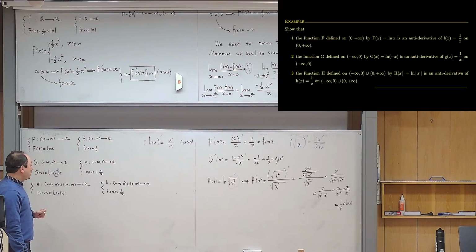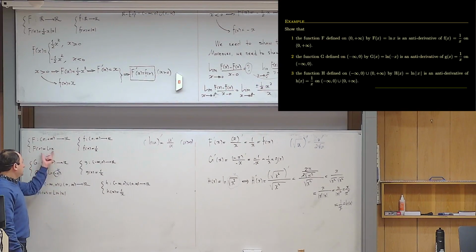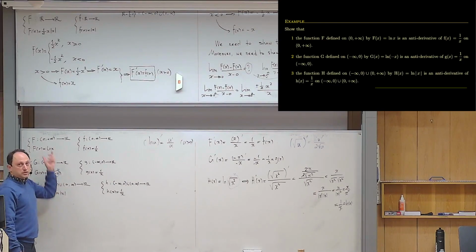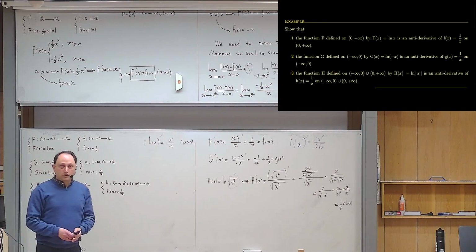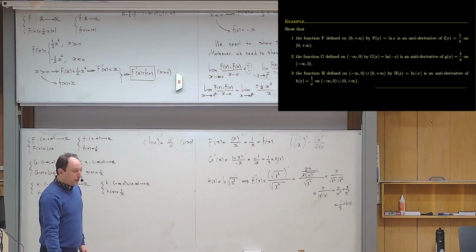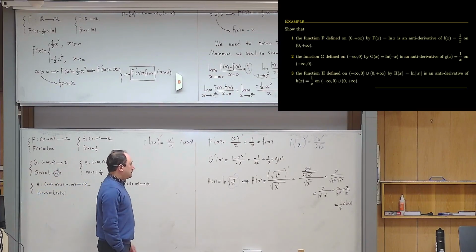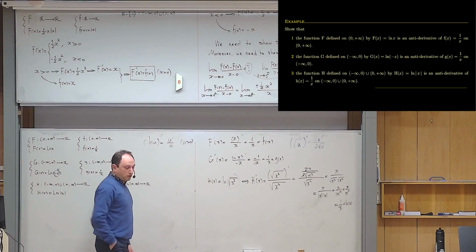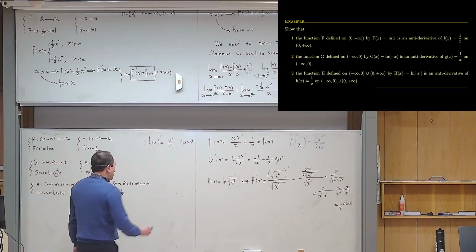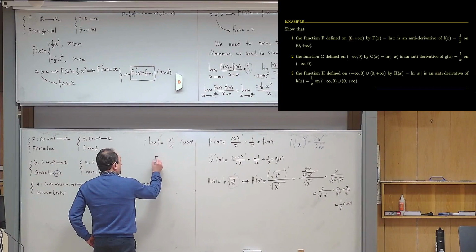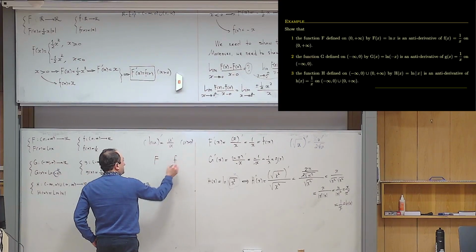But the point is that even though I write ln of absolute value of x in all of them, I still cannot say that I have the same functions. Even though the rules are all the same, the domains are different, so the functions are different. One thing I just want to say as the final remark is that we said capital F is a primitive function for little f if this function is differentiable.